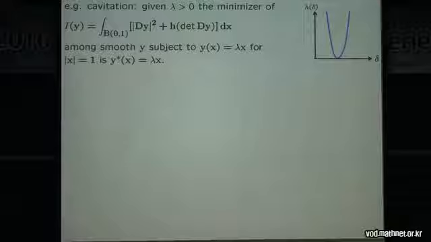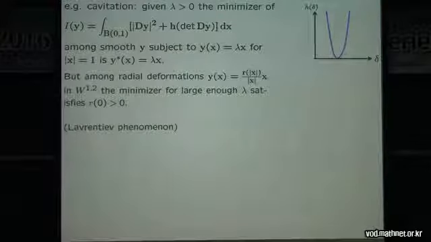That means you take this ball and you pull out on it uniformly on the boundary by a factor lambda. And it's a theorem that the minimizer among smooth functions y is in fact lambda x, and that's because this is a polyconvex function and therefore quasi-convex, and that's the definition of quasi-convexity.